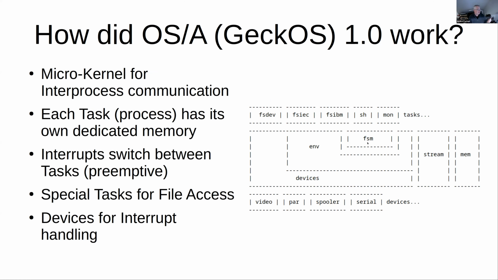And there is a file system manager, which is basically mapping drive numbers to file system tasks. As a normal shell or monitor or whatever task, you can send a message to the file system manager to say, let me load or open this file from drive 0, 1, 2, 3, or 8, A, B, C, D, and so on.